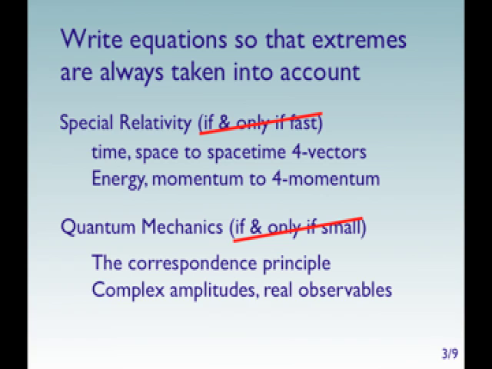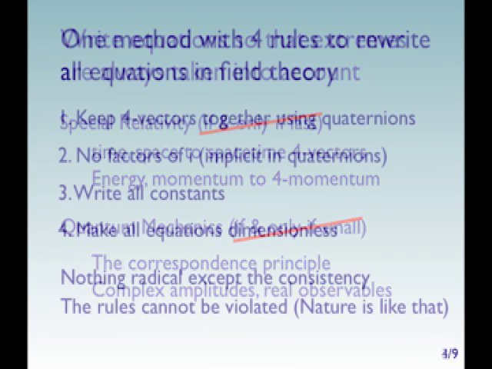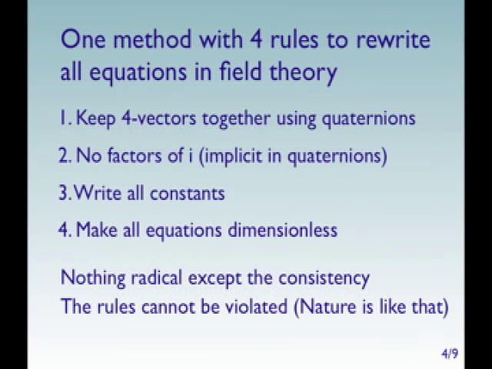So what I have done is come up with one method with 4 rules to rewrite all equations in field theory. So the rules are, number 1, to keep the 4 vectors together using quaternions.